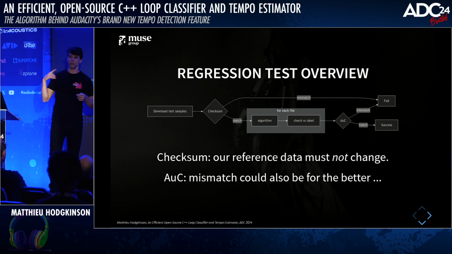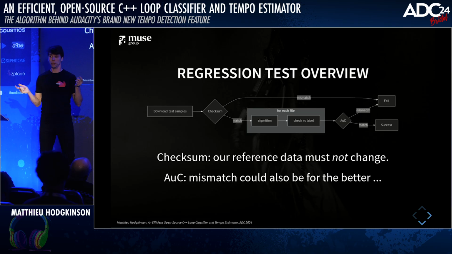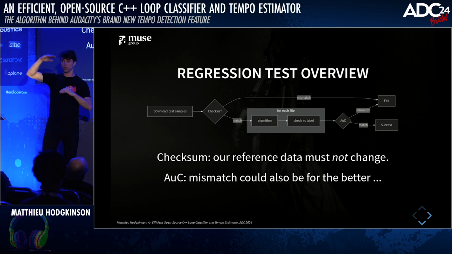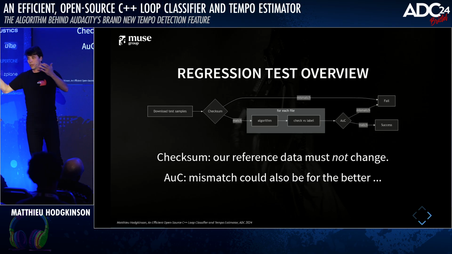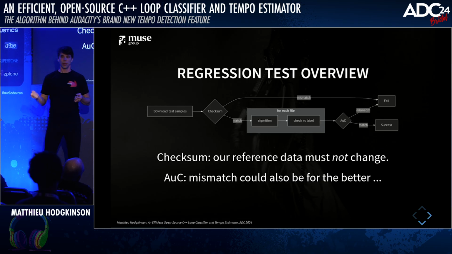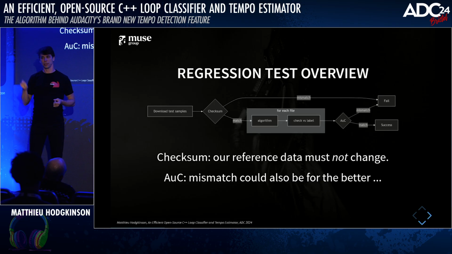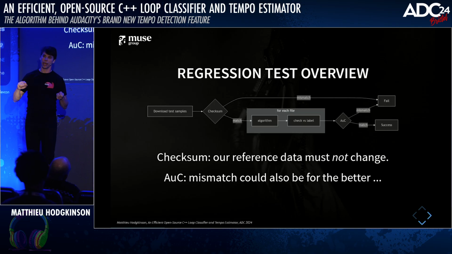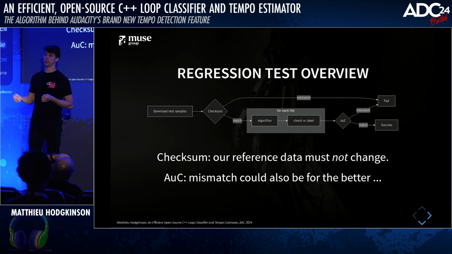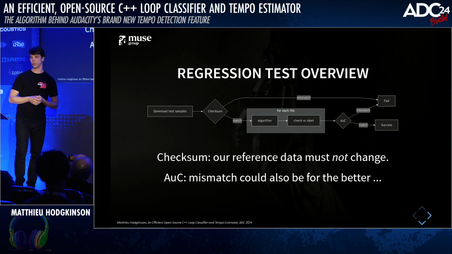Just a quick note that if it fails, it's actually not necessarily a bad thing, right? If the AUC gets closer to 1, then we are getting closer to having a perfect classifier. But I still make the test fail because it is still worth having a human being look at why the behavior has changed and if it's legitimate to check it into the code, right?